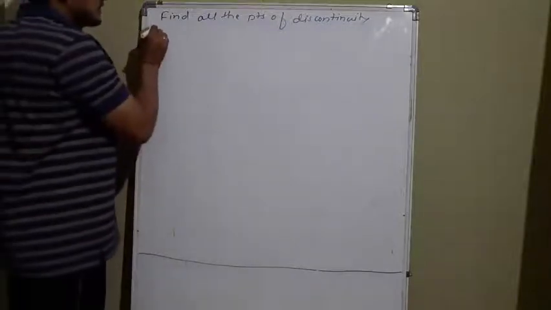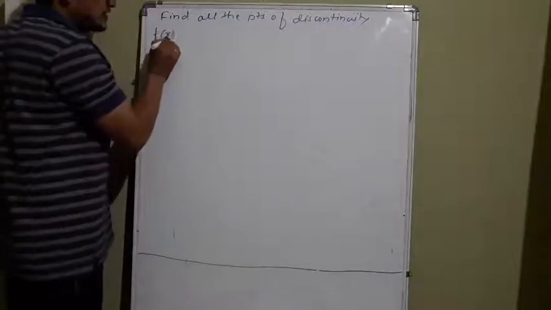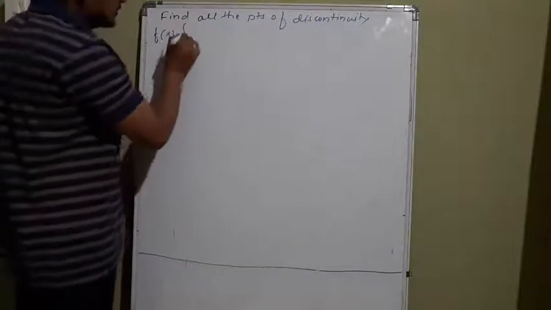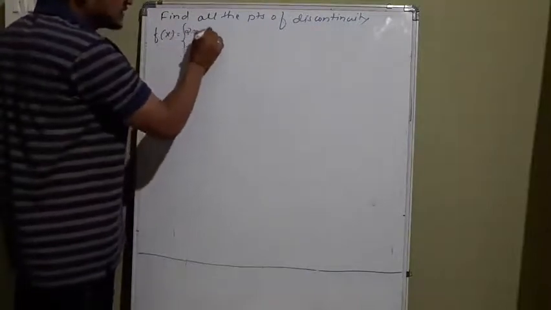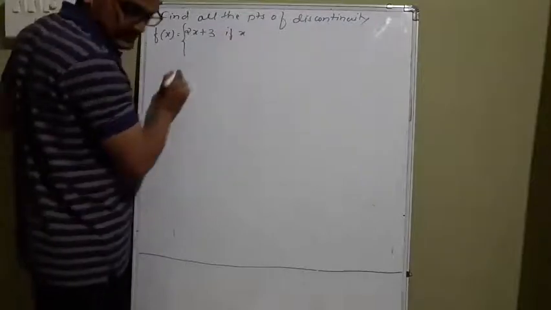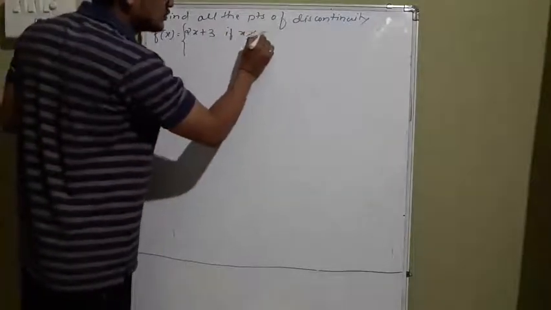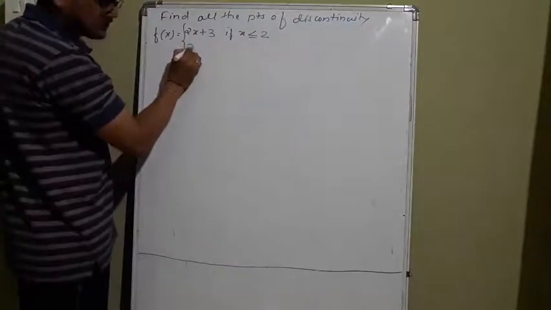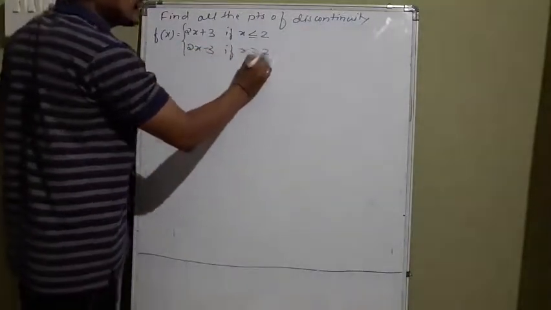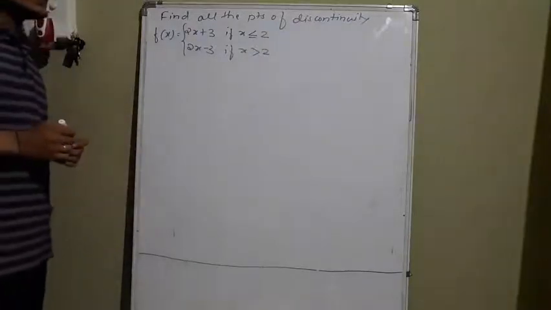In that, the first function is f of x is equal to 2x plus 3 if x is less than or equal to 2, and 2x minus 3 if x is greater than 2.